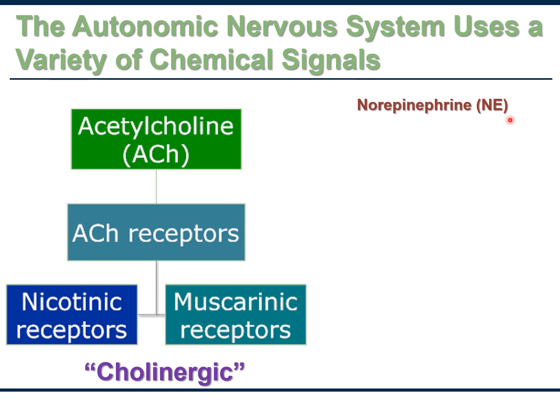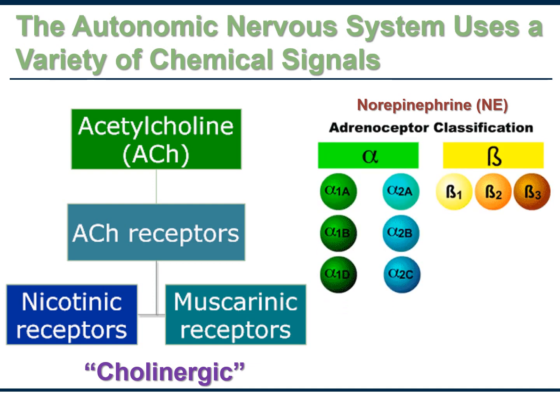On the norepinephrine side, as I mentioned, it's also known as noradrenaline. So the receptors for norepinephrine are collectively known as adrenergic receptors. So neurons that secrete norepinephrine are often called adrenergic neurons, and the receptors that are sensitive to norepinephrine are called adrenergic receptors.